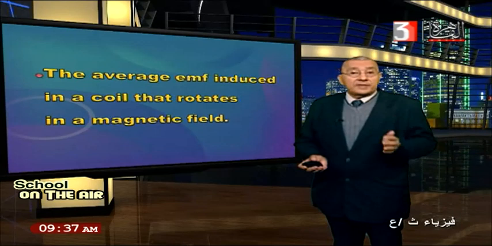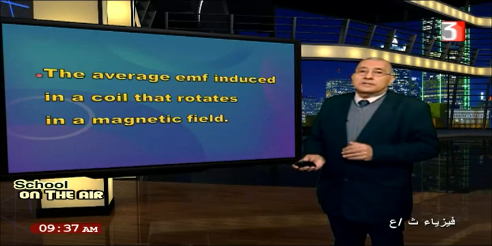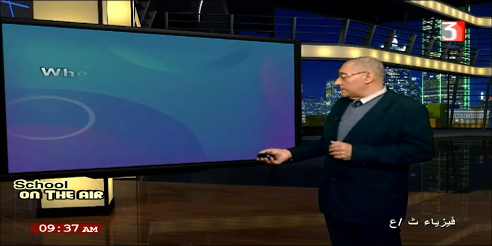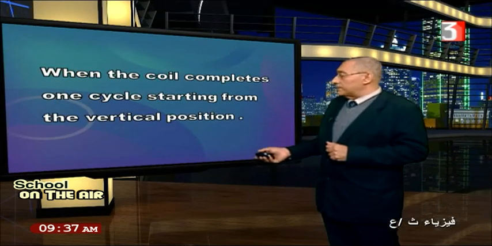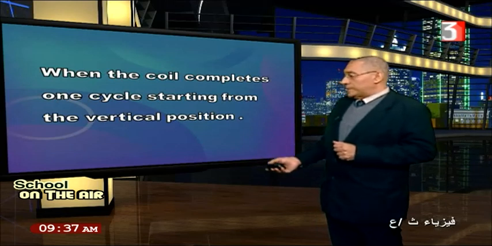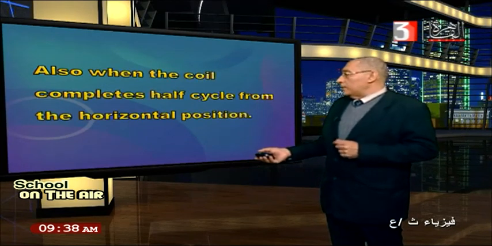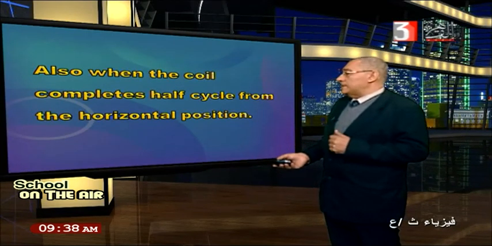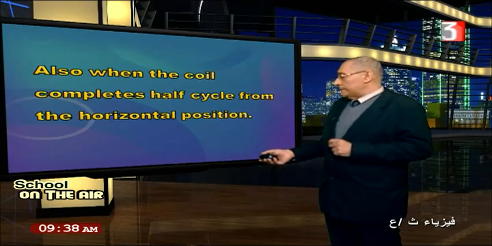Also, when it completes a half cycle starting from the horizontal position. So the answer: when the coil completes one cycle starting from the vertical position, and the other possible case, when the coil completes half a cycle but starting from the horizontal position.